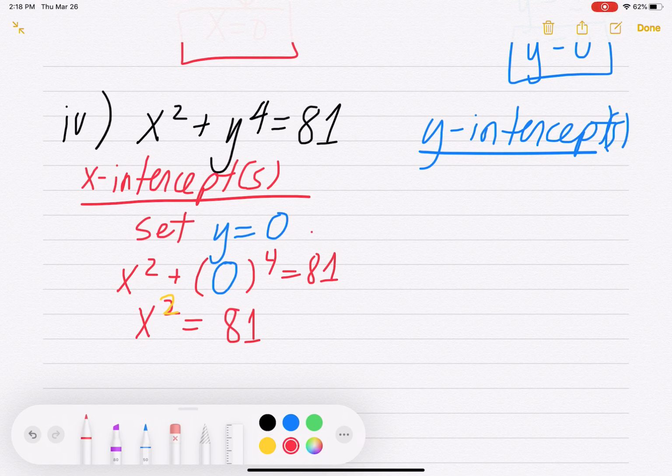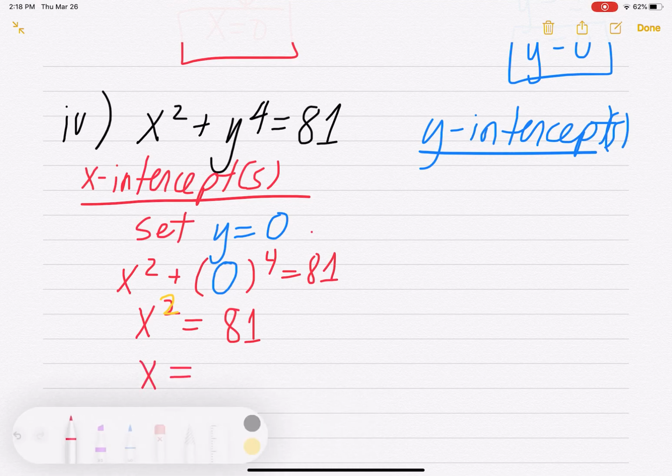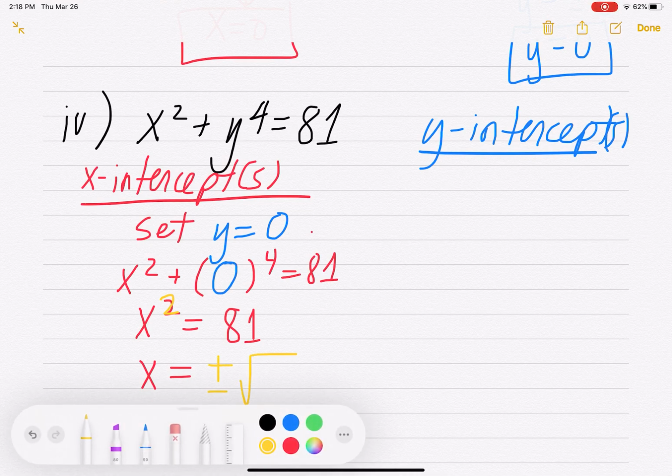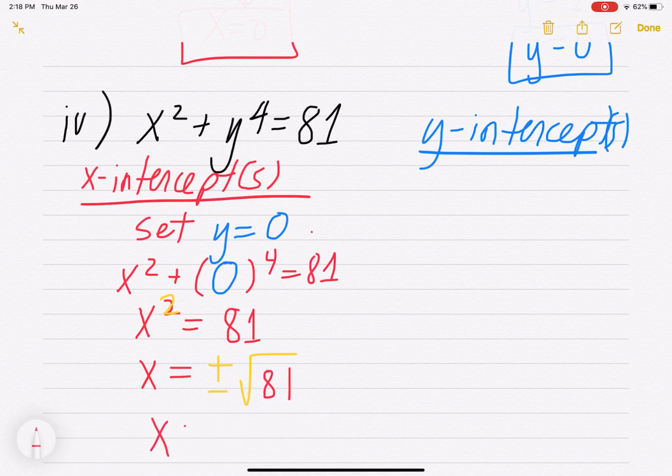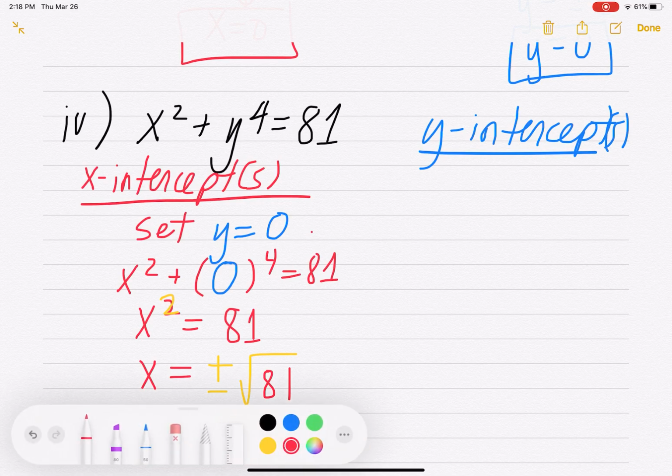To solve that, I'm going to drop my power and do plus or minus, remember plus or minus when you're doing an even power, the square root of 81. The question is, what's the square root of 81? It's 9, so we get plus or minus 9. The x-intercepts are plus or minus 9.